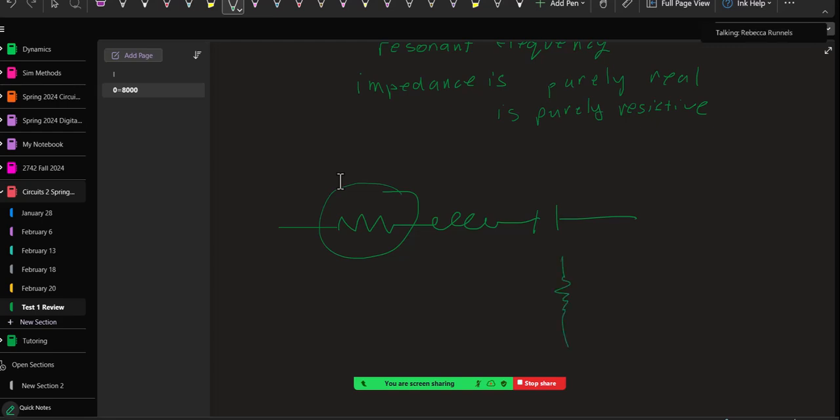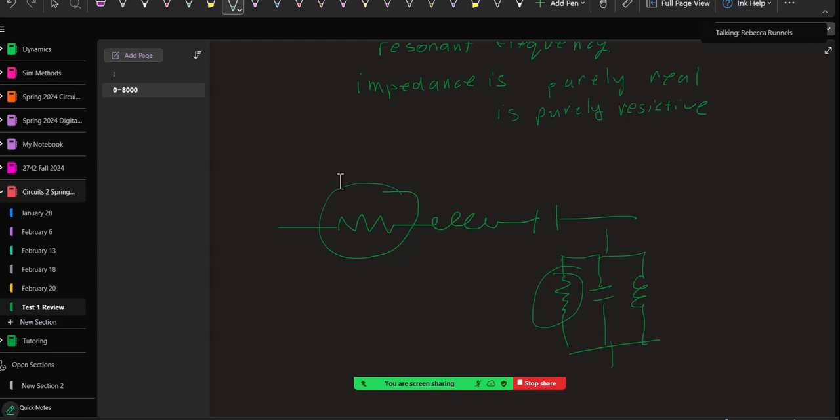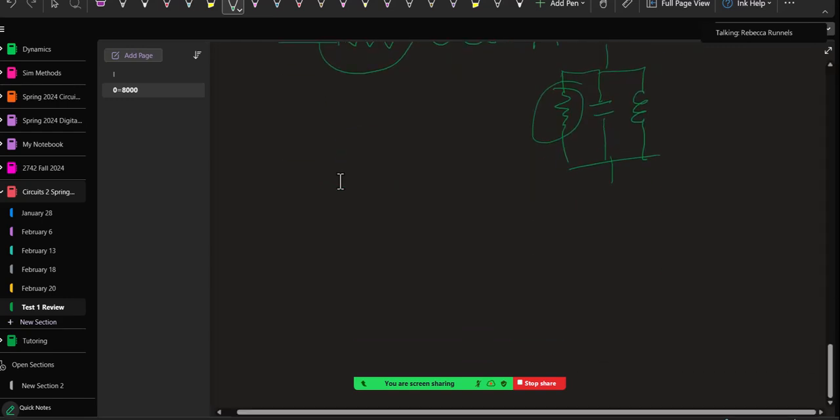If I had parallel, the impedance again would just be the resistor. That's not going to be true in our case because it's not either series or parallel. So you would actually have to compute it.